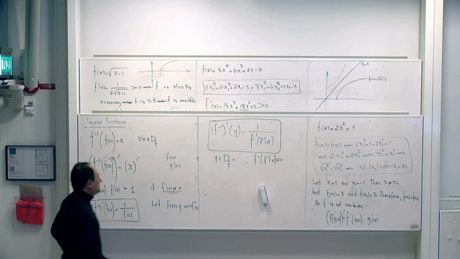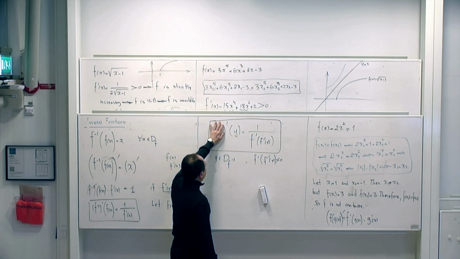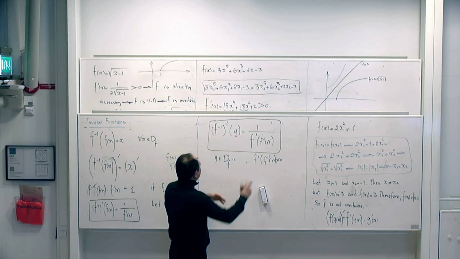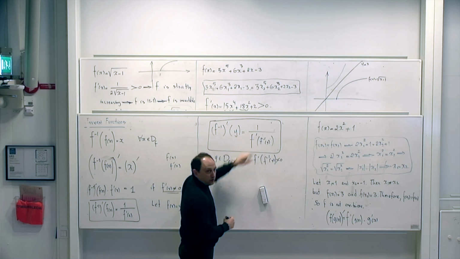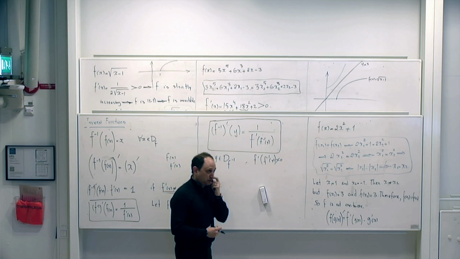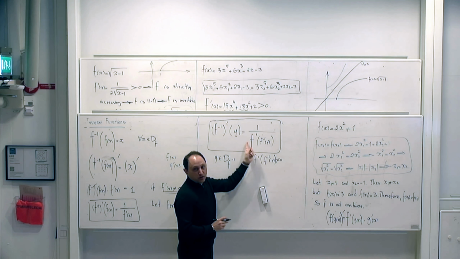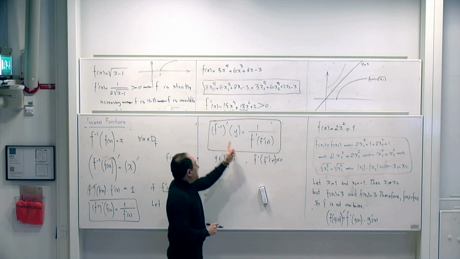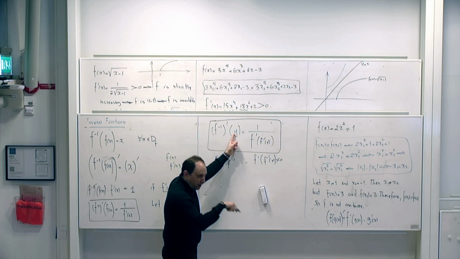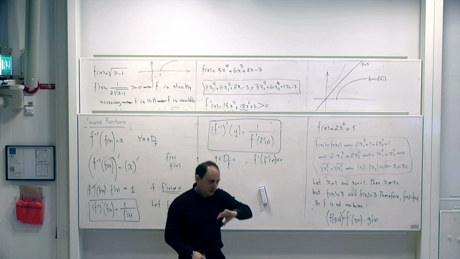So you see, what does it mean? It means that when you want to calculate the derivative of f inverse at a point, the derivative of f inverse is the inverse of the derivative. Because when you say 1 over f prime, it means the inverse of the derivative. So the derivative of f inverse is not very hard to remember: it is the inverse of the derivative. But if it is calculated at y, you shouldn't calculate f prime at y, you should calculate it at f inverse of y.